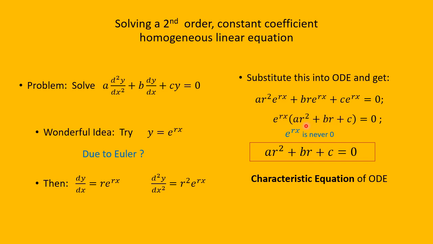So that forces, if we want this to be true for all x, the second factor to be 0. So r has to satisfy this equation, ar squared plus br plus c equals 0. This equation is called the characteristic equation of this ordinary differential equation.